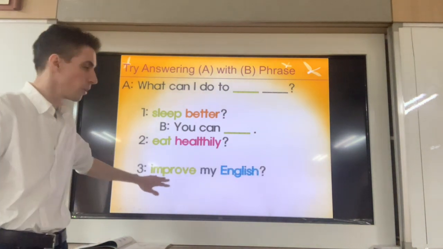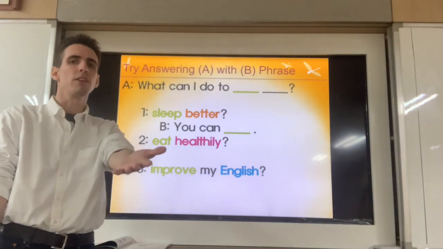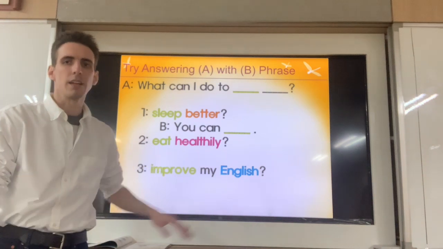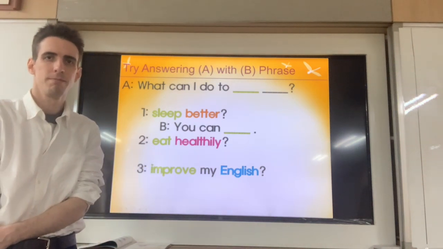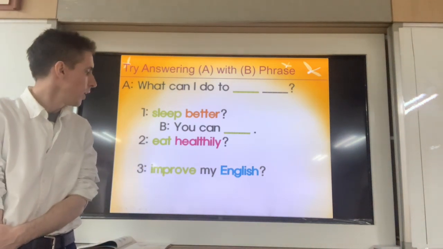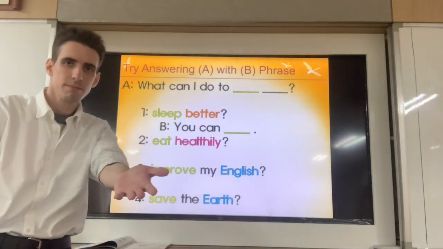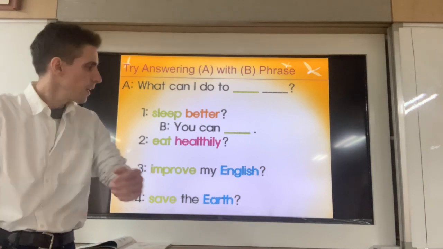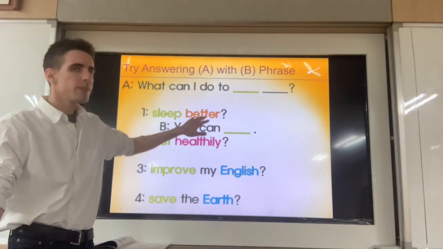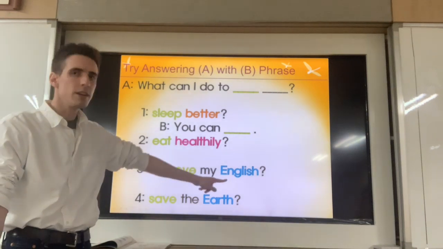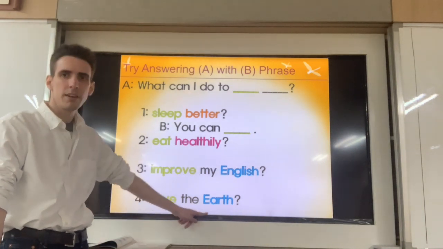Okay, let's do this one together. Me first and then you. What can I do to improve my English? What can I do to save the earth? Verb, adjective, verb, adverb, verb, noun, verb, noun.